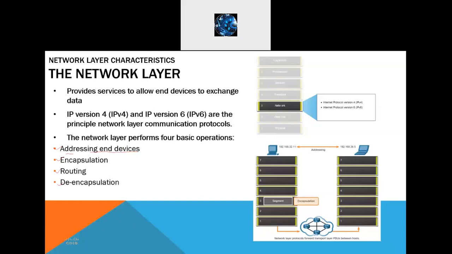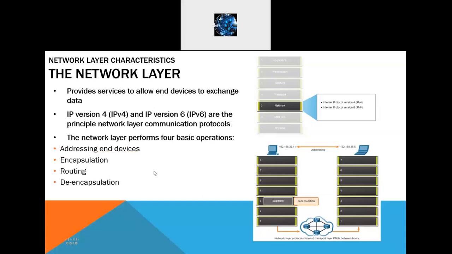That takes place at layer 3. So the network layer is in charge of adding the source IP address and destination IP address. It's not only the MAC address that will be added to the message traveling; the IP address also will be added. The IP address is referred to as a layer 3 address, and we are the ones to assign the IP address to our computer.